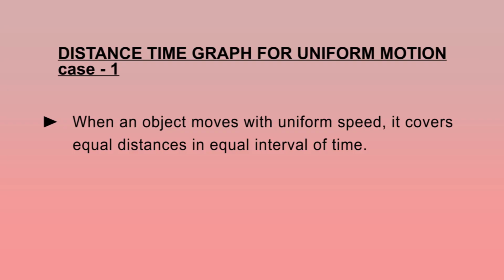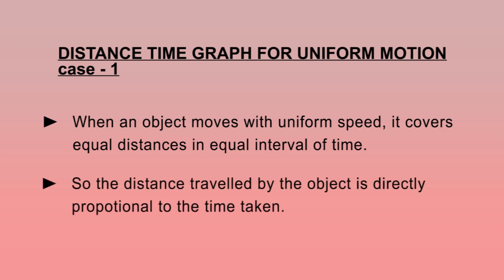First case, when an object moves with uniform speed, it covers equal distances in equal interval of time. So, the distance travelled by the object is directly proportional to the time taken.